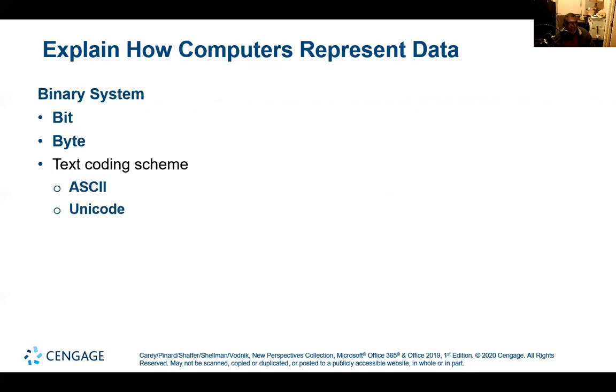Now, the text code that they use, because they have to have some way of representing what you've typed in: there's Unicode and then there's ASCII. ASCII is the older of the two. That was designed back in the day when DOS was king.